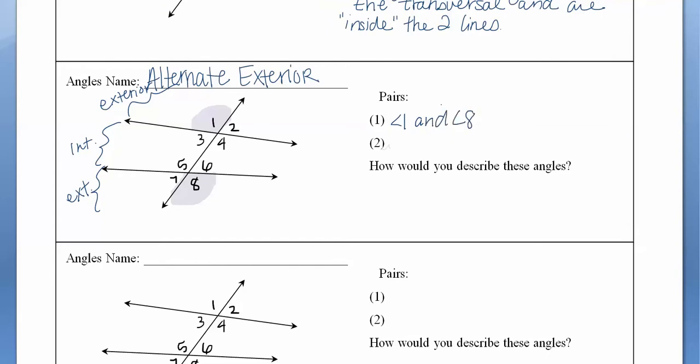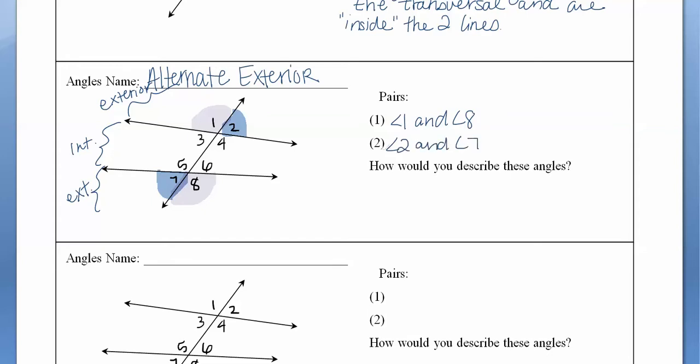What would the other pair be? The other pair is going to be 2 and 7. Again, they're on the outside of the two lines and they're flip-flopping. So they're on the opposite sides of the transversal. So angle 2 and 7.